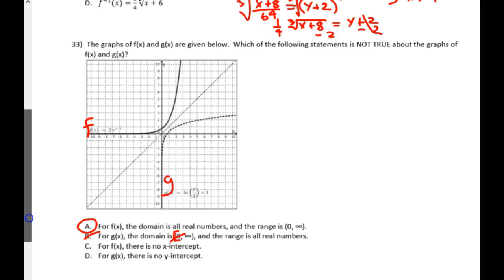For f(x), there's no x-intercept. That's f(x). For g(x), there's no y-intercept. Yes. Sorry, my bad. Which one is not true? So I have it mixed up. It's going to be B. That's true, that's true, that's true. Alright.